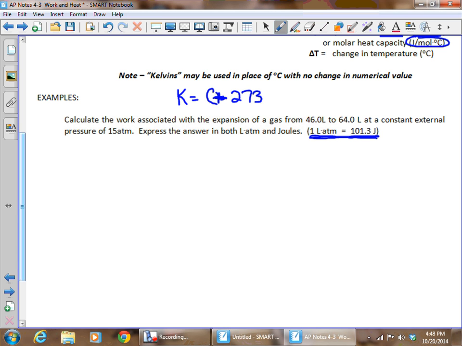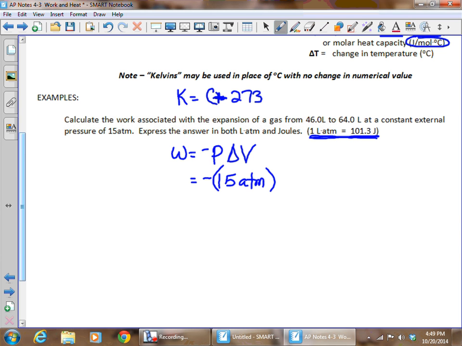So our equation, W equals negative P delta V. It tells us that we have a constant pressure of 15 atmospheres. And it tells us that we have a change going from 46 to 64.